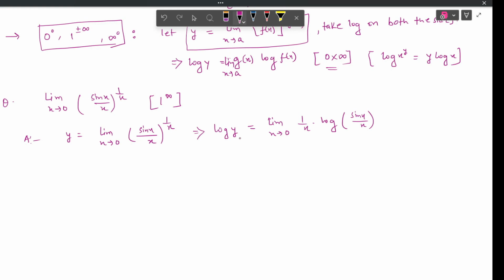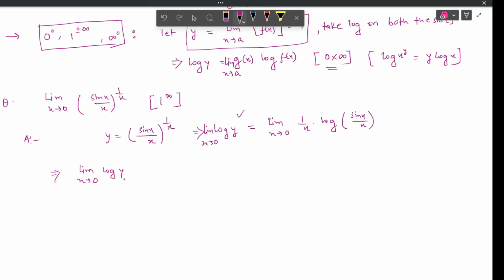Now you have to apply limit on both the sides, so it will be limit x tends to 0. Now see this form, you can write it as limit x tends to 0 log of y. If you first assume that function is y equals to this, then take log on both the sides and take limit both the sides, so it is now more understandable.